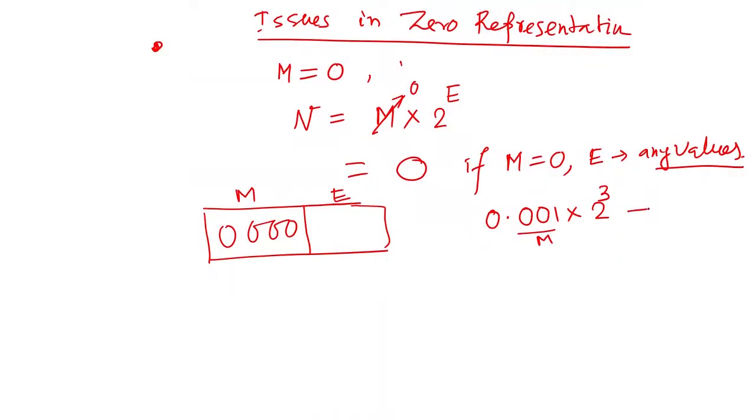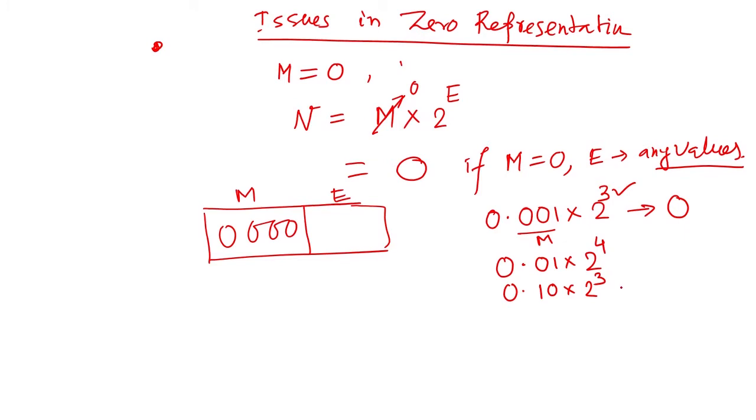Then we can say this number is 0 irrespective of the value of the exponent, but if I normalize it, what will be the value? 0.01 into 2 to the power 4, that is 0.10 into 2 to the power 3.